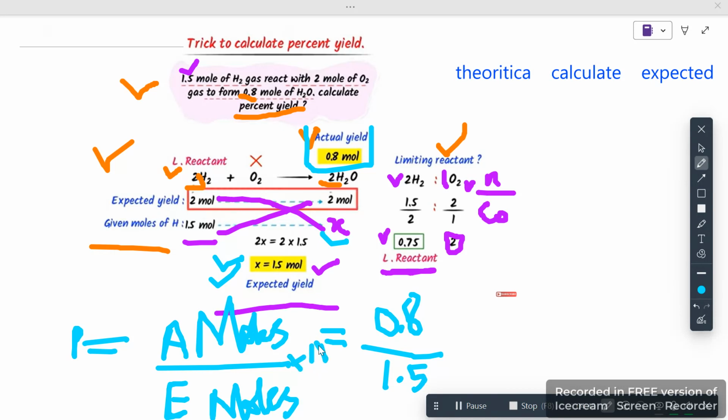So when you divide this, you can also do that on your own. You will find the value, which would be 53.33.